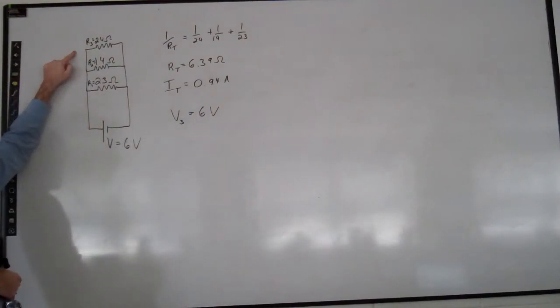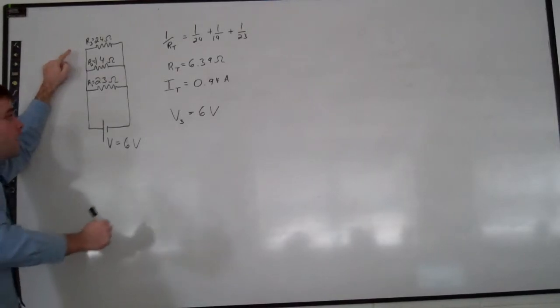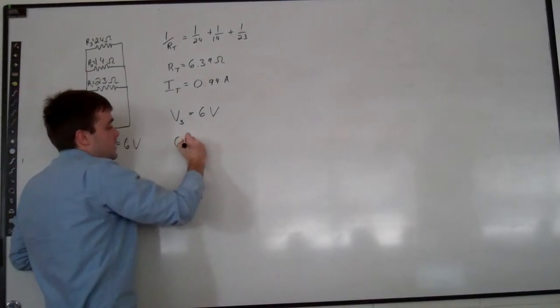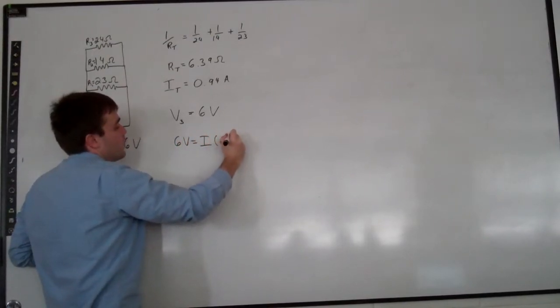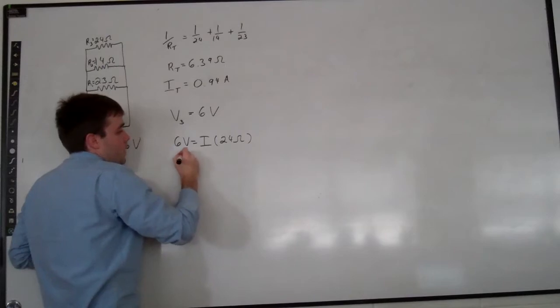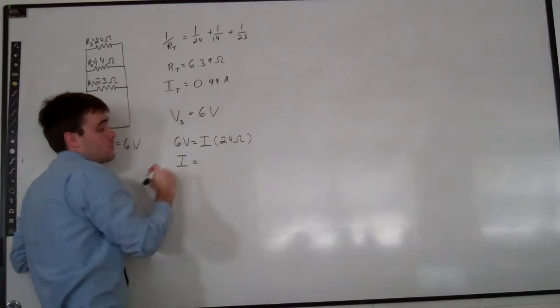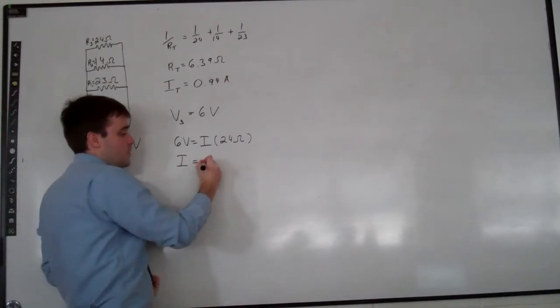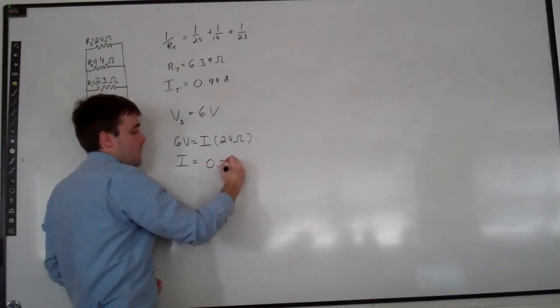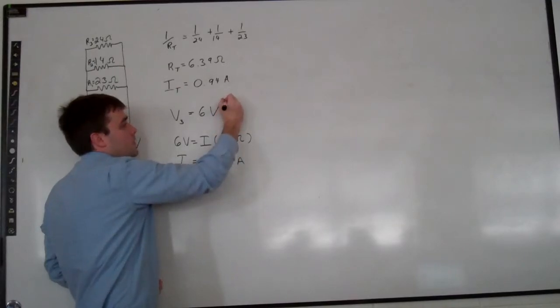How are we going to find the current across R3 then? V equals IR, so it's going to be 6 volts equals I times 24 ohms. You get I equals, what's 6 divided by 24? 0.25. So these are our answers.